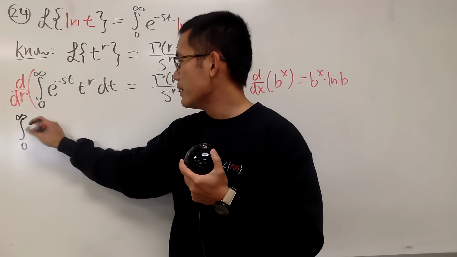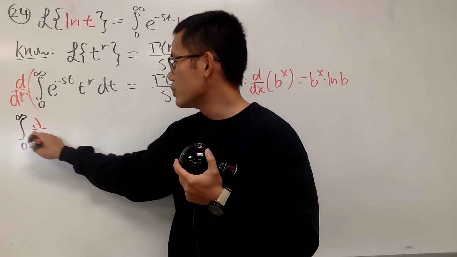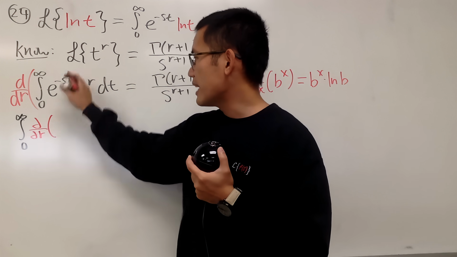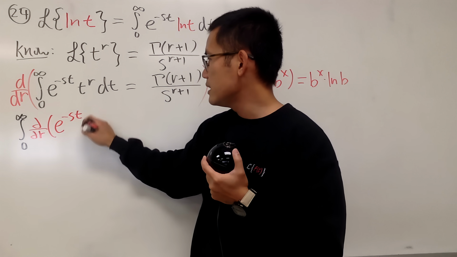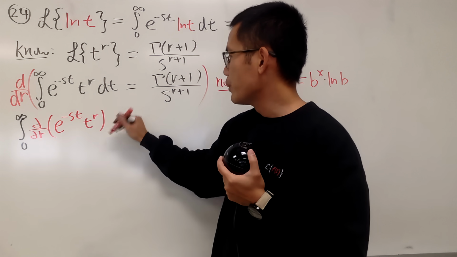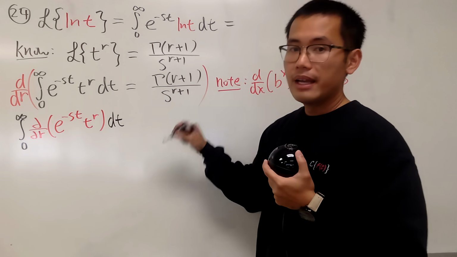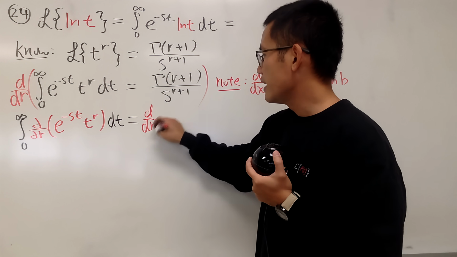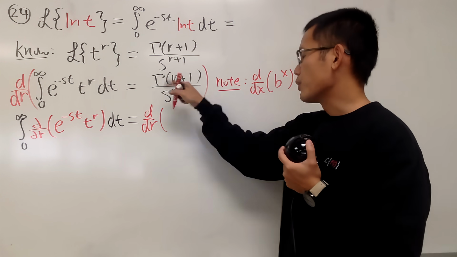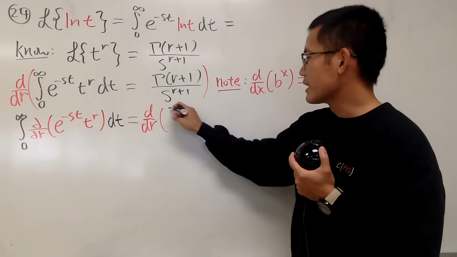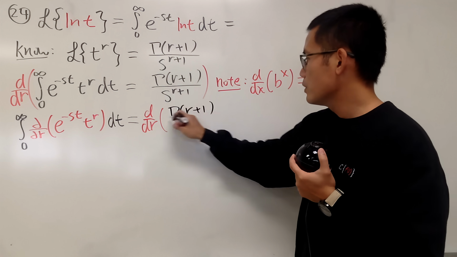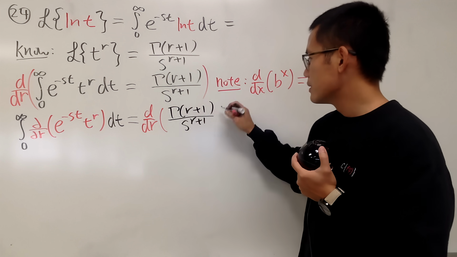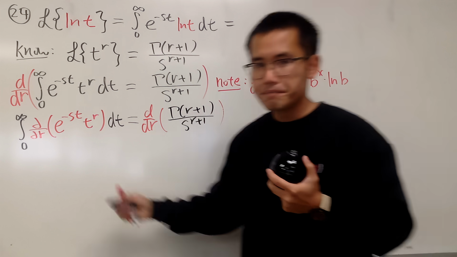0 to infinity, and then we have the partial with respect to r, and then the inside is e to the negative st, t to the r, and then we have dt. And then again, the right-hand side, we'll just go ahead and do our usual derivative. Let's say s is the constant we know already. Anyway, here we have gamma of r plus 1 over s to the r plus 1. All right, here we go.